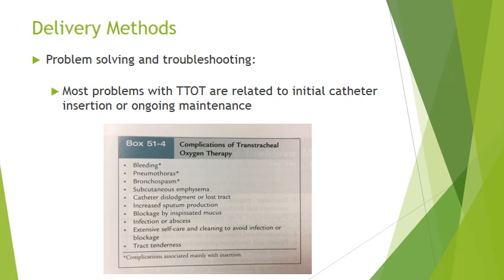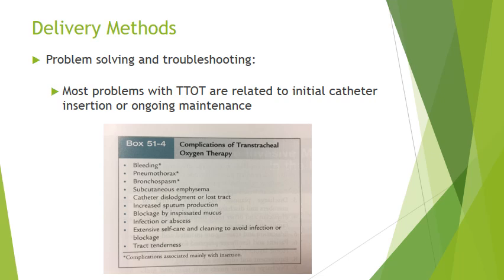When we're looking at the transtracheal catheters, most of the time the problems with the catheters are in relation to the initial catheter insertion or the ongoing maintenance. So in box 51-4, there's a listing of complications of the transtracheal O2 therapy.